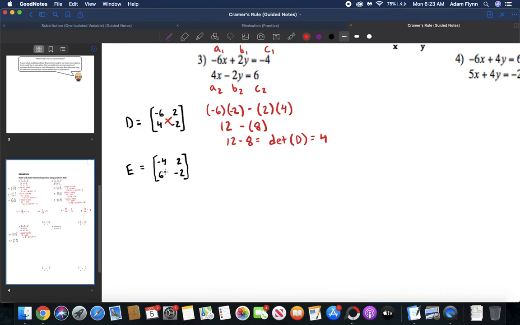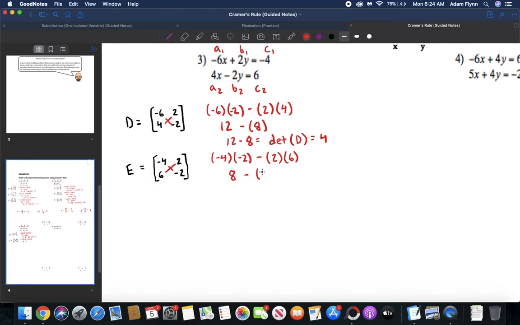I will find the determinant. So I'll have negative 4 times negative 2. Minus 2 times 6. Negative 4 times negative 2 is going to be a positive 8.